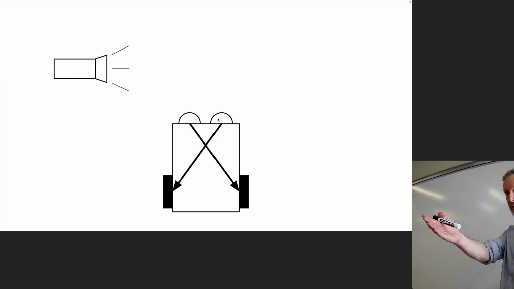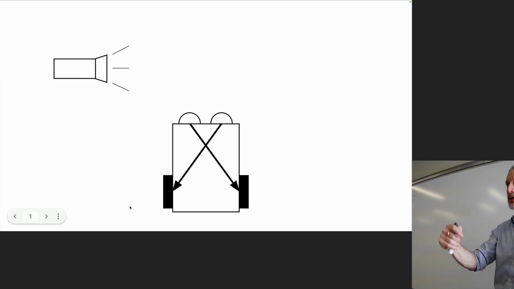The light values themselves, this light sensor value is going to be greater than this light sensor value. So this bigger number times one is going to cause this wheel to spin faster than this smaller number multiplied by 1 will cause this wheel to turn. The right wheel is spinning faster than the left wheel. It turns towards the left. So 1, 1 produces the behavior that we want.